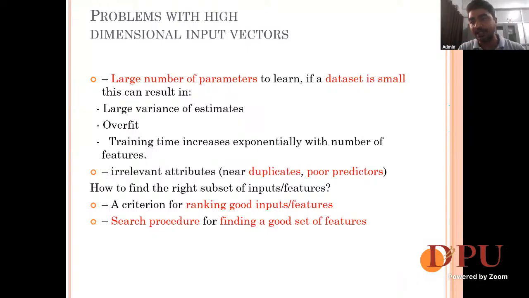You need to find a searching strategy by which you can find the good number of features. So there are a lot of feature selection algorithms. You can also go for reduction algorithms, such as PCA or LDA, the so-called discriminant algorithms, where you try to reduce the dimension of the features. From 100 features, you come up with, say, 50 or 30 features, which is a good number, and you deploy those features for machine learning purposes.